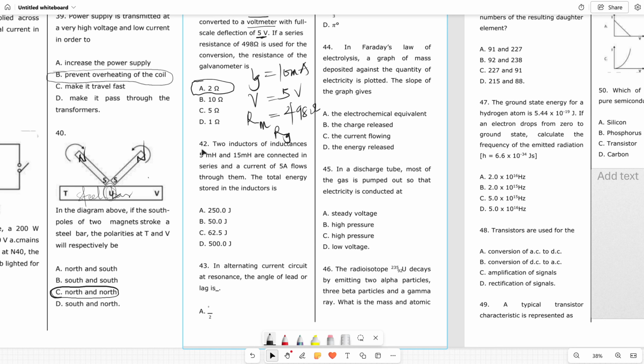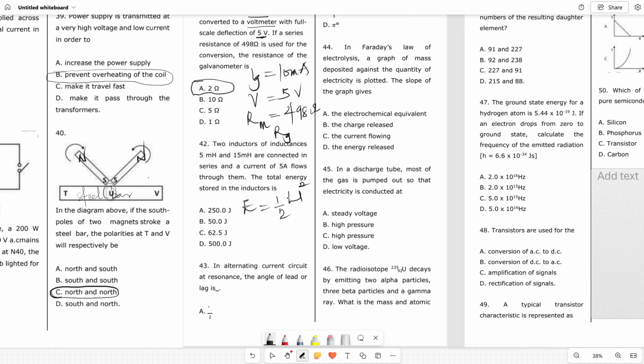Question 42, rather. Two inductors of inductances 5 millihenry and 15 millihenry are connected in series, and a current of 5 ampere flows through them. The total energy stored in the inductors is... So this is coming from inductors. You need to know that energy stored in an inductor is equal to half Li squared.